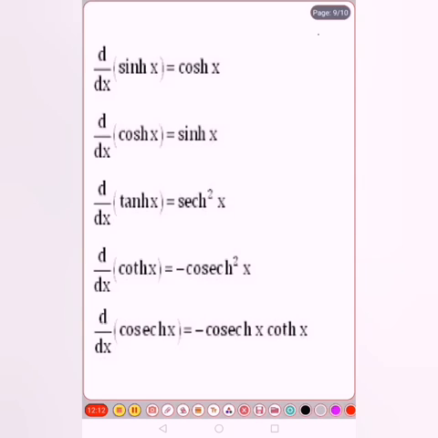Here if you see, for cos in trigonometric ratios we get a minus sign, but in hyperbolic functions we are not getting a minus sign. Differentiation of tan h x equals secant h square x. After that, differentiation of cot h equals minus cosecant h square x. After that, differentiation of sec h x equals minus sec h x multiplied by tan h x, and differentiation of cosecant h x equals minus cosecant h x multiplied by cot h x.